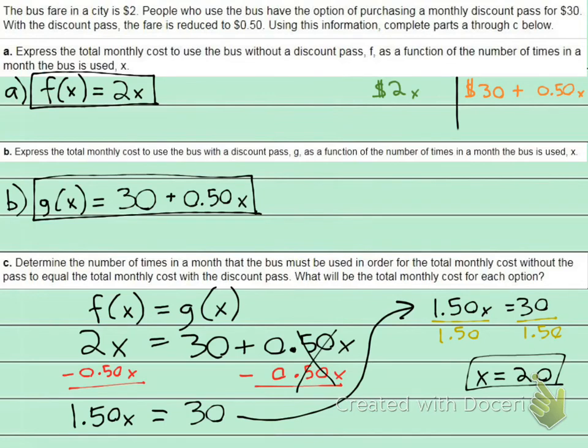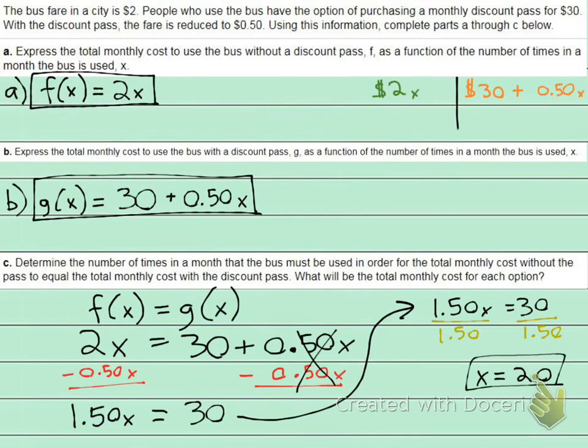Now, the second part of this question is great. It says, what will the total monthly cost be for each option? Well, it should be the same, right? So how do we find out? I'm taking 20 rides, so plug it into both of these.